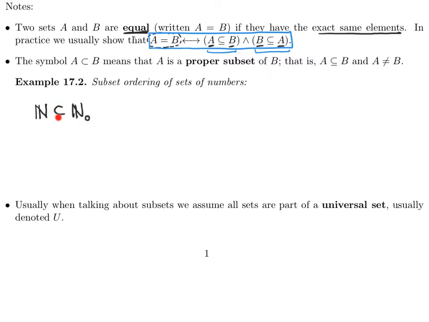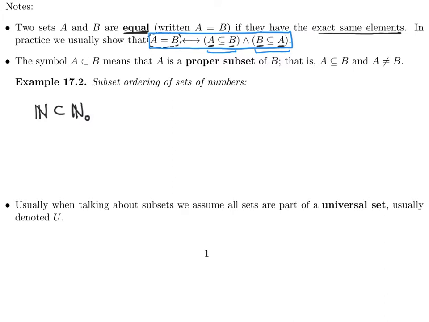Now, I just wrote this proper subset symbol, but of course, if something is a proper subset, it's also a subset. So if you want to put actual subset symbols, that's fine too. Just like if one number is less than another, it's also less than or equal to. So it's the same idea, but I'll just use subset symbols.